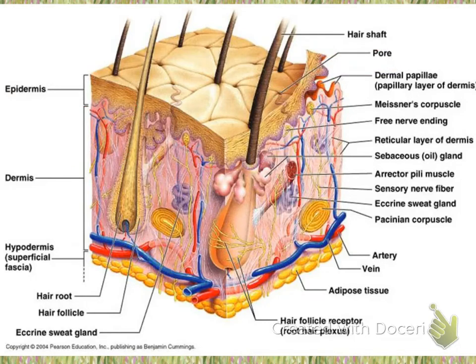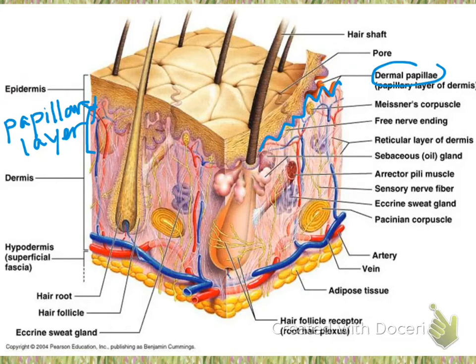Remember that the dermis is separated into two layers, the papillary layer, which is the much thinner layer. A structure located in the papillary layer is the dermal papillae, which creates the ridges here, which make up the fingerprint.